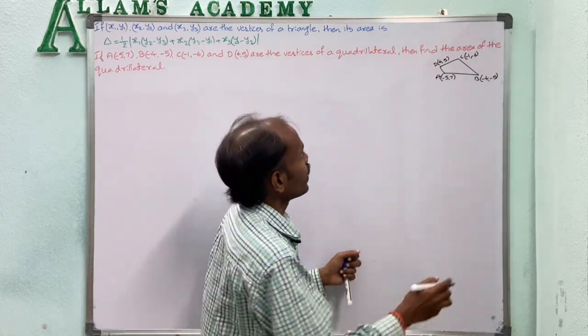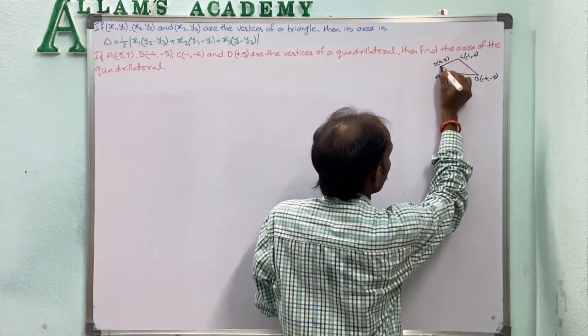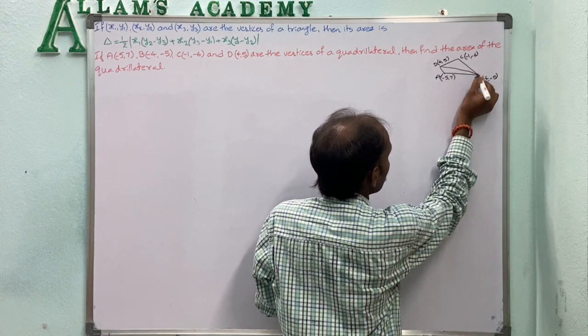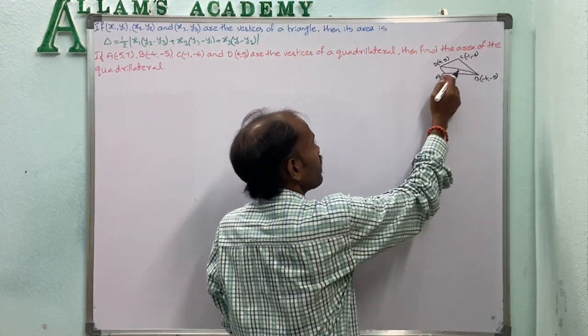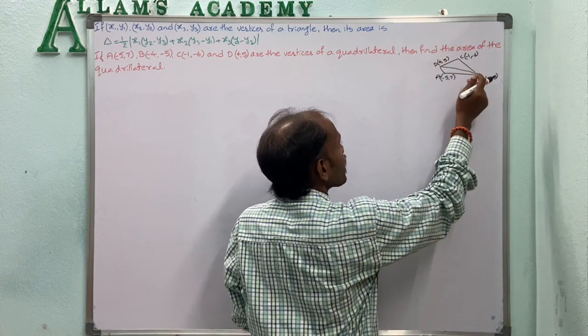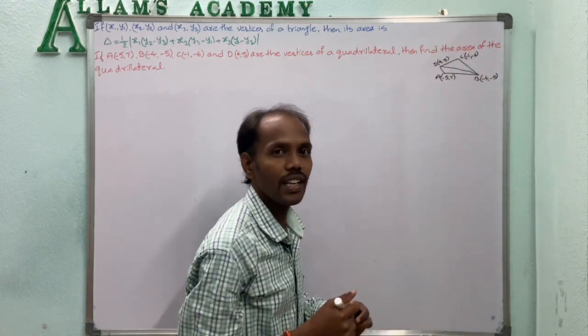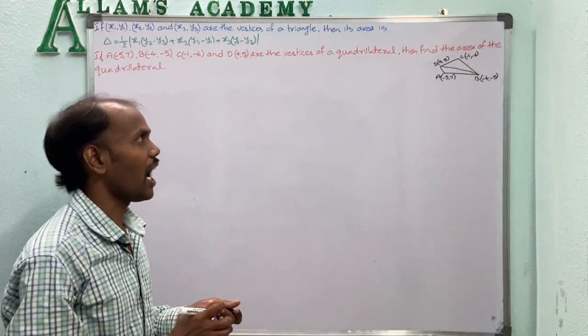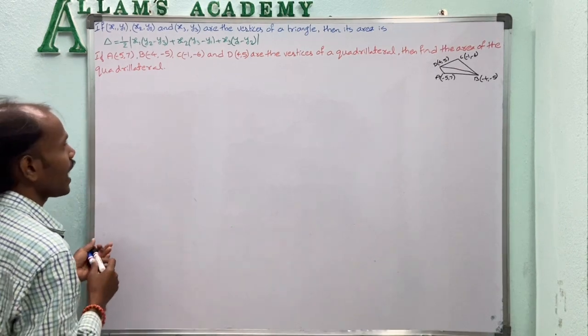Now if we join the vertices B and D, that is the BD diagonal, it will be divided into ABD, one triangle, and BCD, one triangle. Now finding the areas of those two triangles.